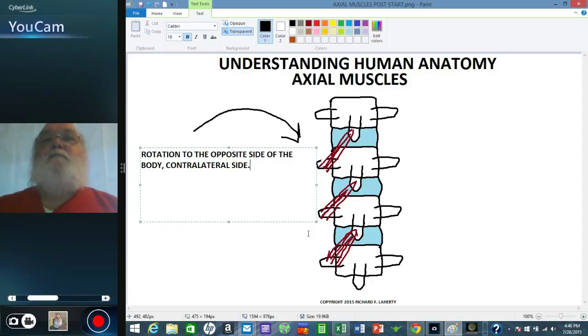When pre- or postvertebral muscles act unilaterally on one side or the other, they will cause lateral flexion or rotation, depending on the muscle's attachments.